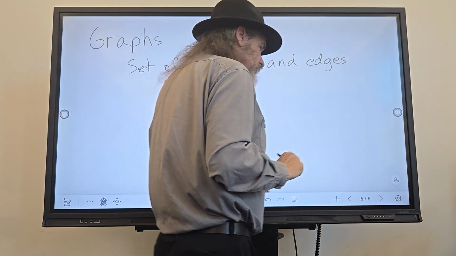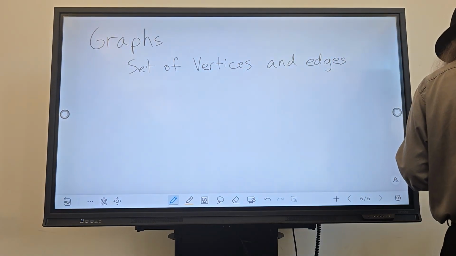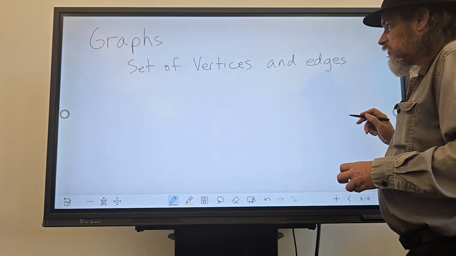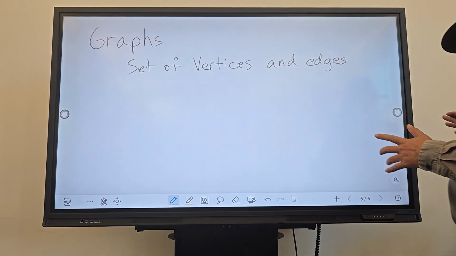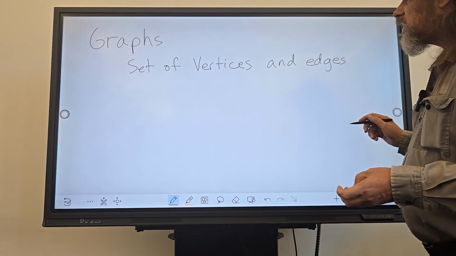So it's defined by two sets. An edge connects two vertices. An edge can be straight or curved, and should either connect one vertex to another or a vertex to itself.